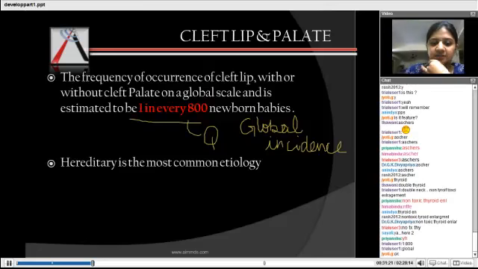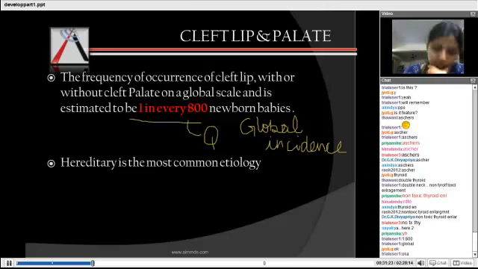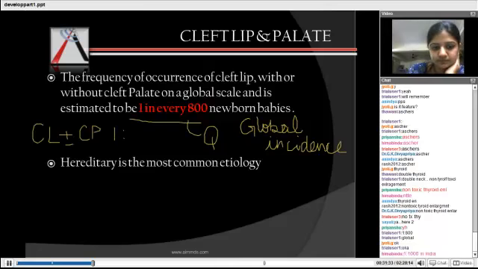The frequency of it, with or without cleft palate. So you will frequently see this as CL plus or minus CP as 1:800. And yes, it has a higher predilection in India, about 1:1000, but you cannot give that.